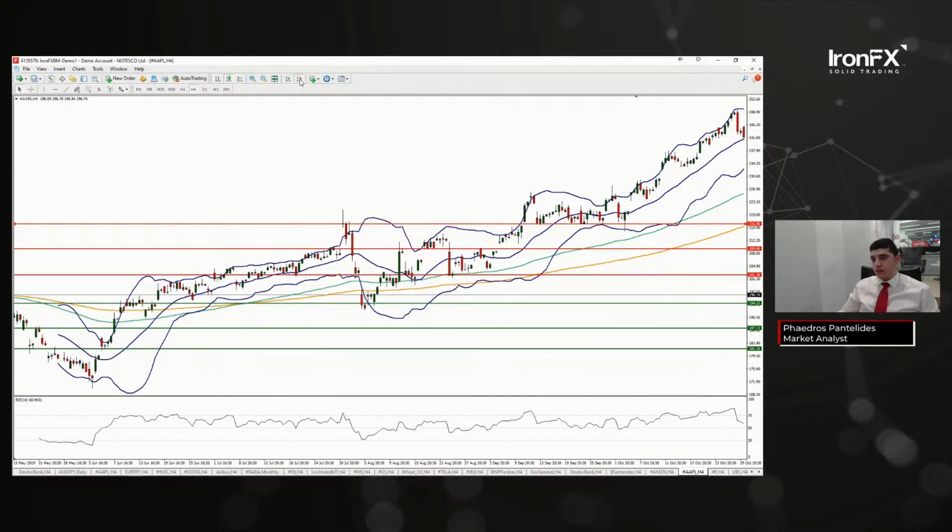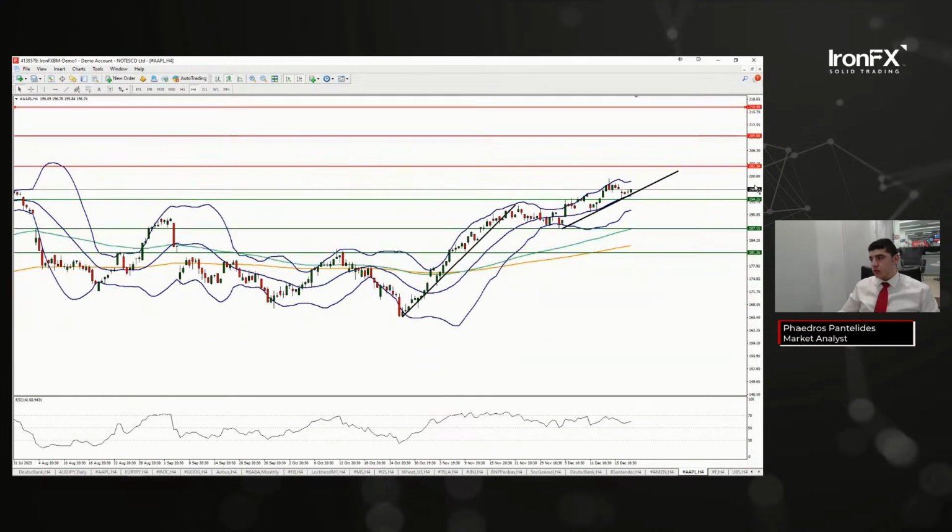We have R1, R2, and R3, S1, S2, and S3. From a technical view, appears to be moving in upwards fashion. From a fundamental point of view, though, we may see a slight weakening in the company's stock price.